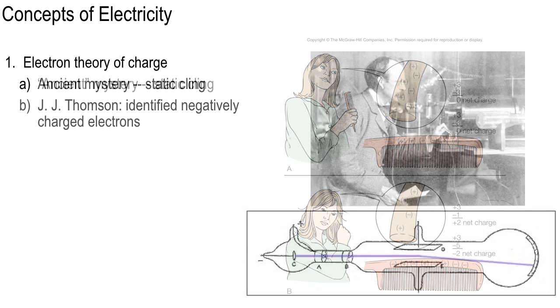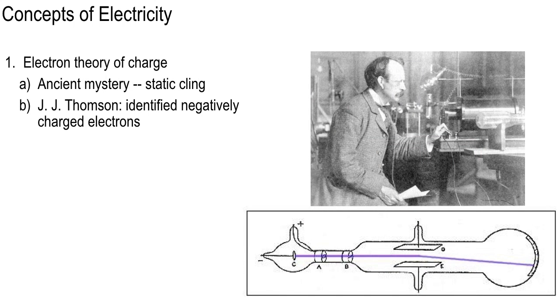Now, the guy that figured out electrons per se, the objects that actually carry electric charge, his name was J.J. Thompson in England at the end of the 19th century. So 1899, around in there, 1900, he was working on this. This is a picture of him in his lab.